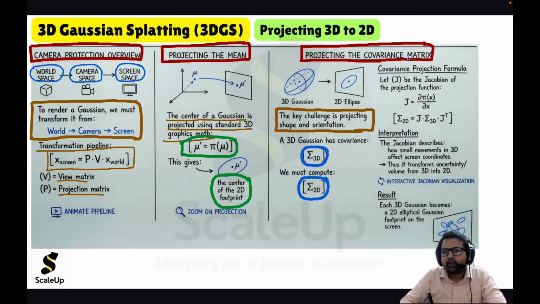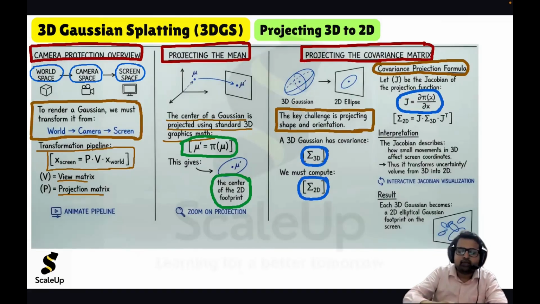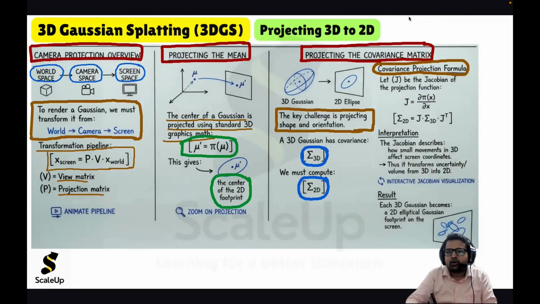For the covariance projection formula, we will make use of the Jacobian of the projection function. The Jacobian of the projection function is how the projection function changes with a small change in position, the differentiation of the projection function with respect to the coordinates. That's the Jacobian.